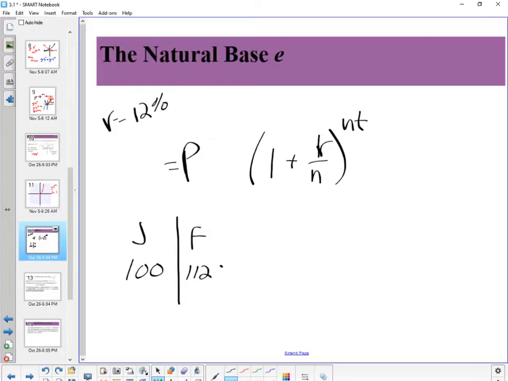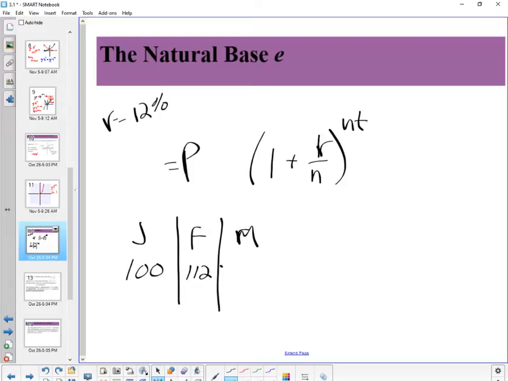They charge me 12% interest every month. Then here comes March. Am I going to pay another $12 on top of that? No, because now I owe them $112. They're going to charge me 12% of 112.